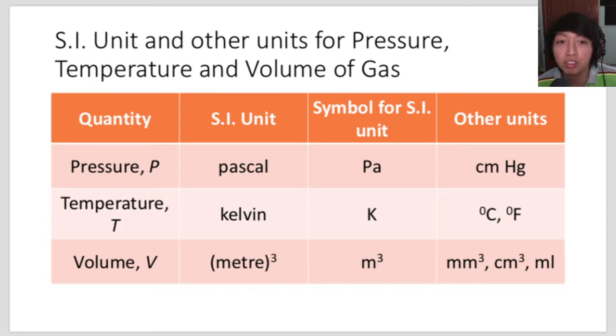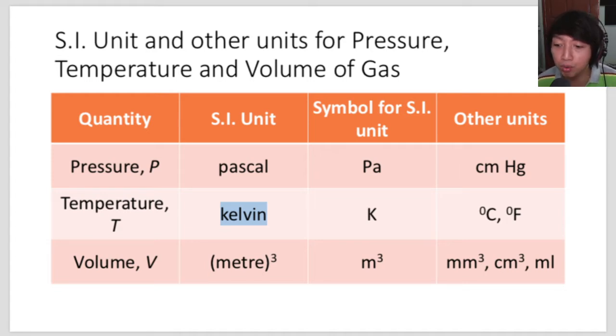So pressure, or sometimes we use the capital letter P. We use the SI unit Pascal, which I believe is newtons per square meter, if I'm not mistaken. Or we use the symbol Pa, which means the same thing, Pascal. Temperature. Okay, here's an interesting one.